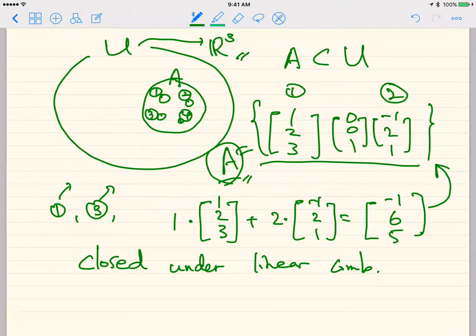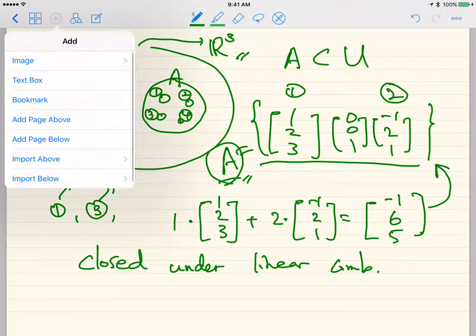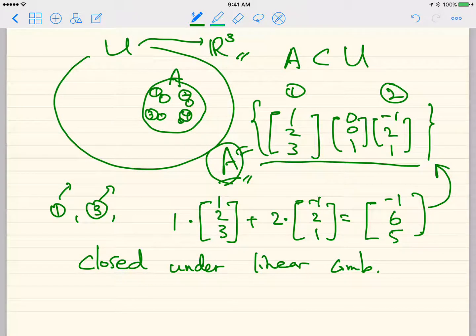Okay, so back to this vector subspace. The subspace should be closed under linear combination. Okay, so what it means is actually, you pick any two vectors and then just linearly combine them using whatever linear combination coefficients, and that resulting vector should be included in our set.